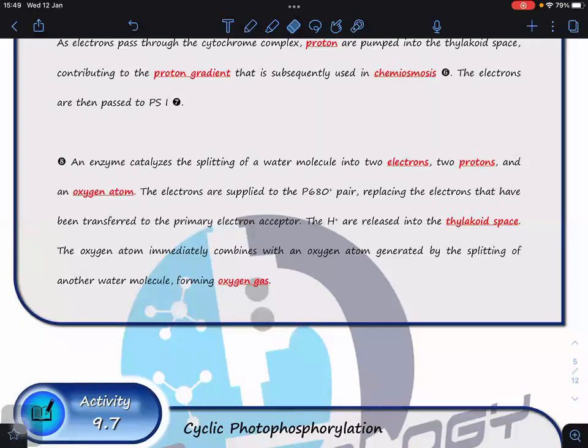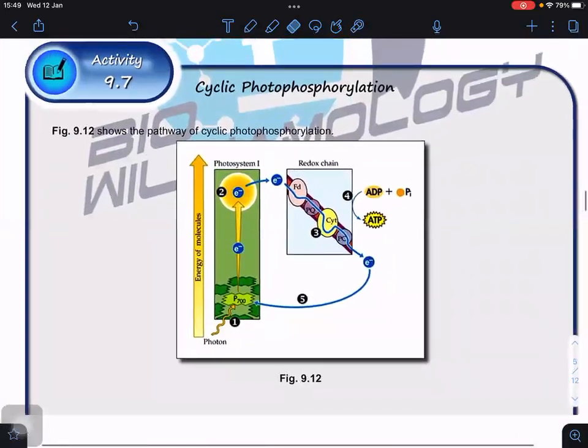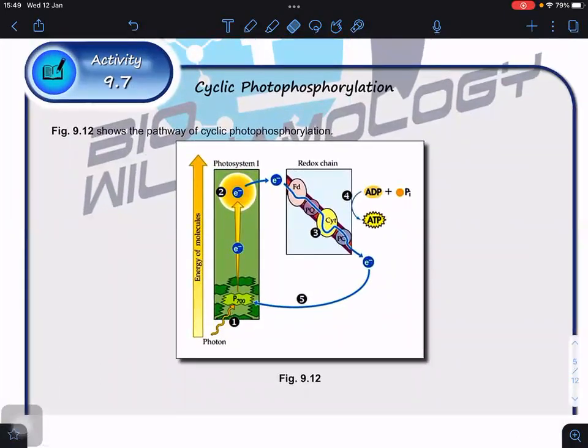So what is the difference between the cyclic photophosphorylation and the non-cyclic? If you look at cyclic photophosphorylation, it is very clear cut: the electron is donated by the same one and received by the same one, so it only involves photosystem 1. Photosystem 1 receives a photon, passes the energy to the reaction center, and photoexcitation of an electron takes place.